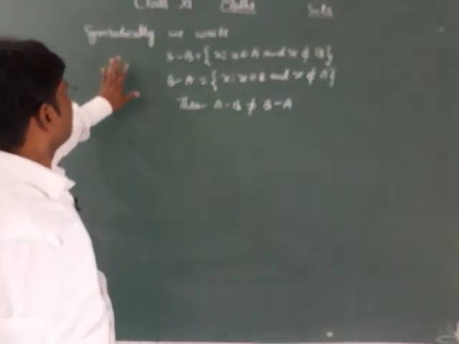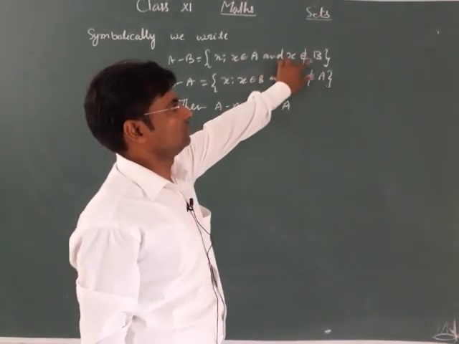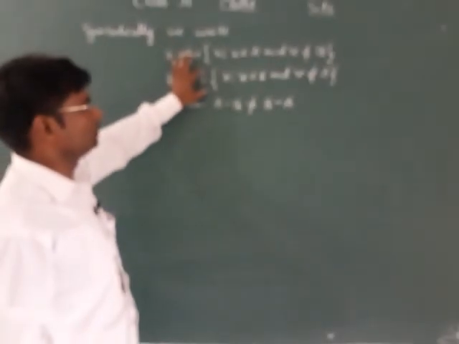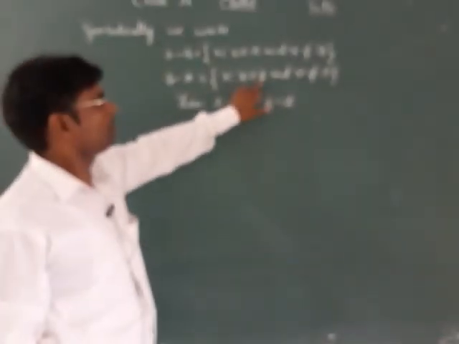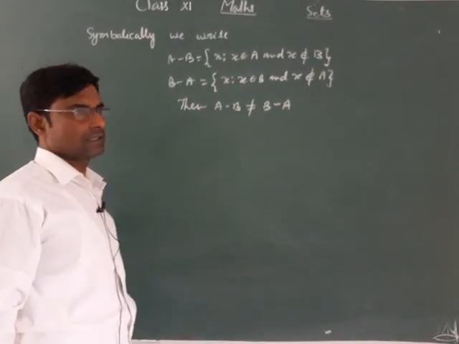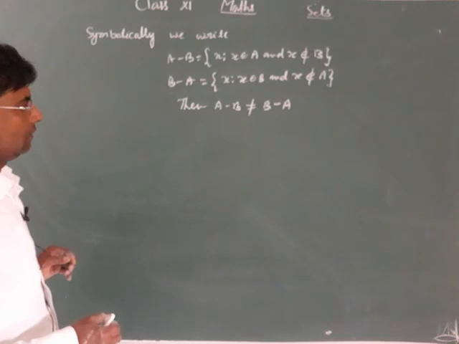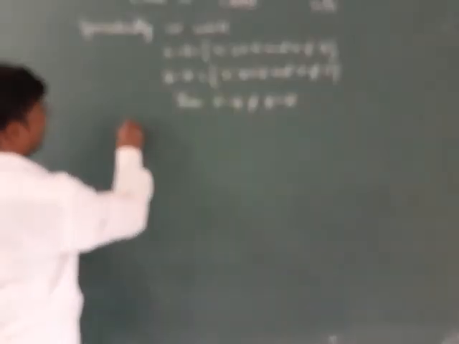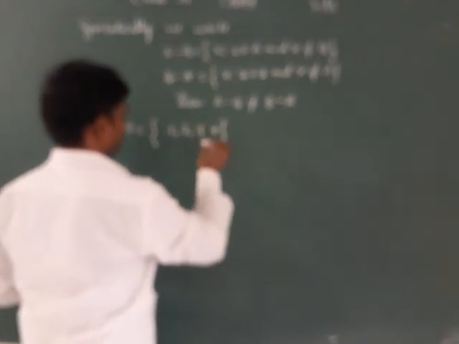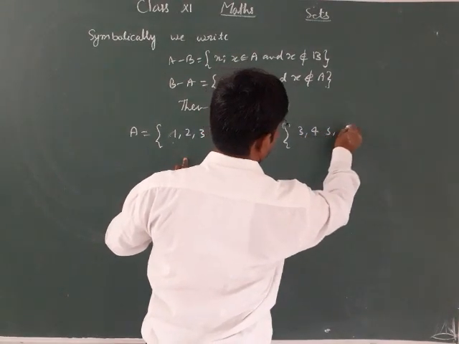Difference of two sets is represented symbolically: A minus B is x such that x belongs to A and x does not belong to B, and B minus A is x such that x belongs to B and x does not belong to A. Then A minus B is not equal to B minus A. Now let us explain with an example. Let set A be 1, 2, 3 and 4 and B another set, 3, 4, 5 and 6.